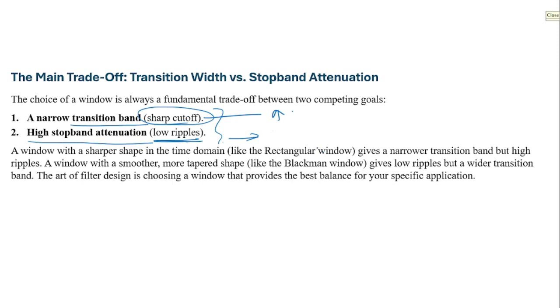Okay, should be gradual. So we cannot achieve a sharp cutoff and low ripples at once. So somewhere we have to come to a trade-off point. Okay, and this is what has been written over here. So the main trade-off happens between the transition width or the transition band and the stop band.